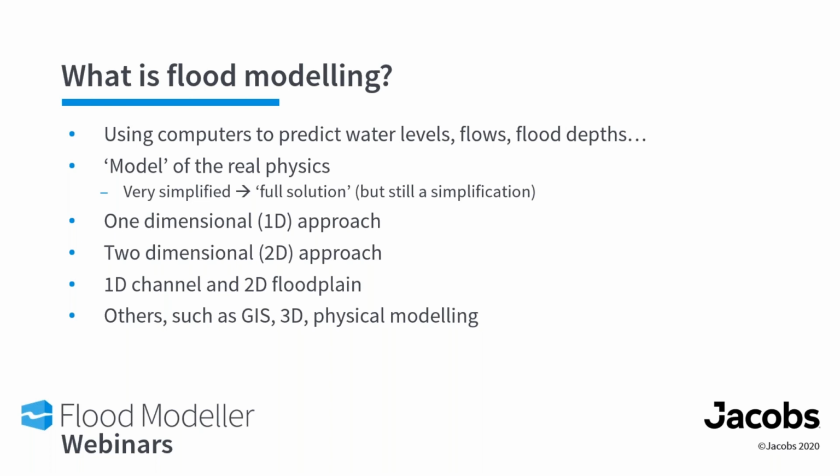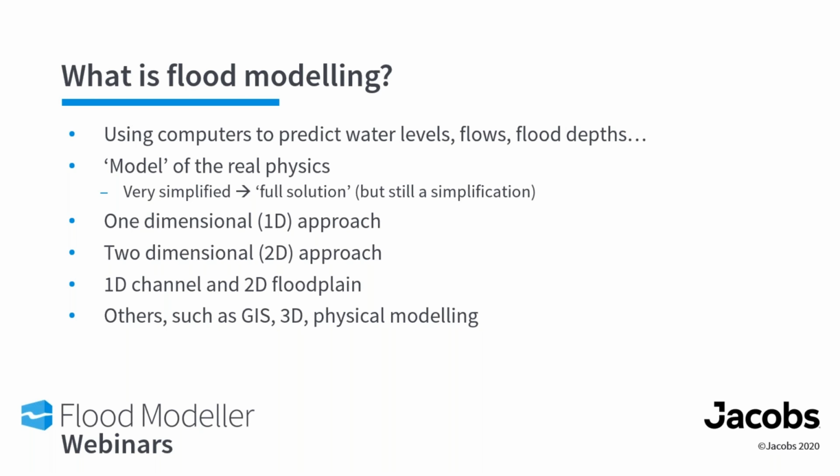Other terminology you'll hear is those one-dimensional and two-dimensional words, 1D and 2D, and I'll explain a bit more about 1D and 2D in a minute on the next few slides. And also, when I've gone through the explanation of 1D and 2D, you'll see that generally 1D methods are good for pipe flow and river flow, and 2D methods are usually good for floodplain or for very wide estuaries and things like that.